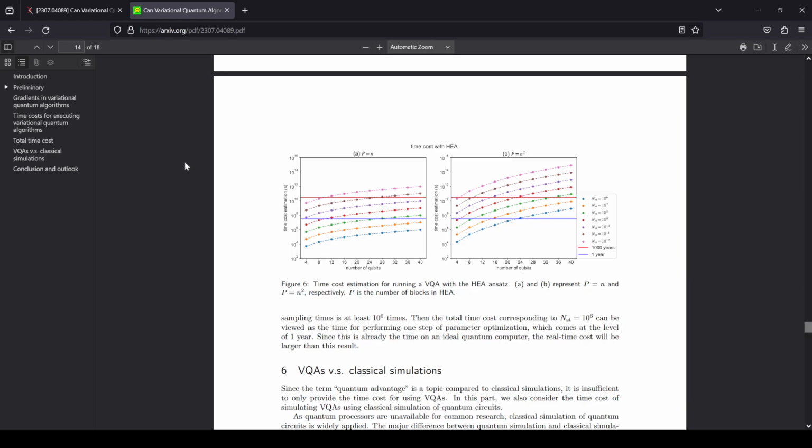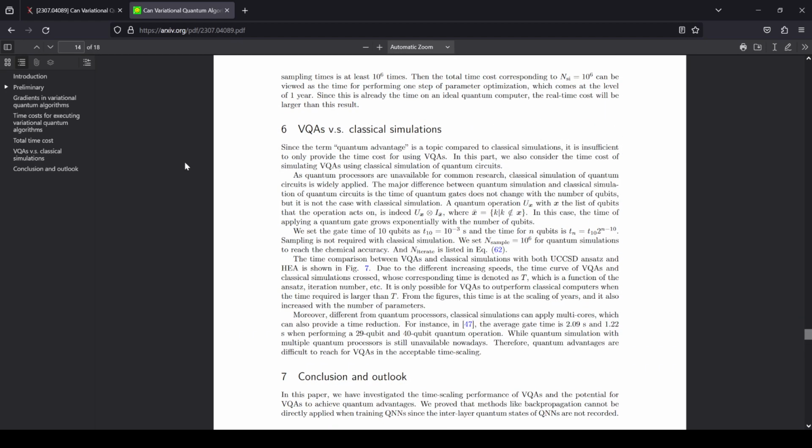So when we do write classical simulations, we can see that the average gate time obviously is much higher because we're doing digital computation, but we can still do this very quickly over many CPUs or many GPUs.